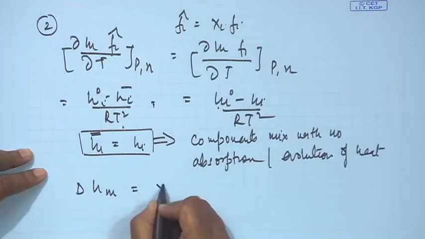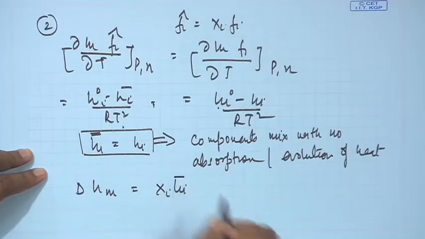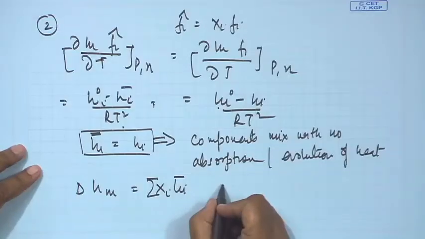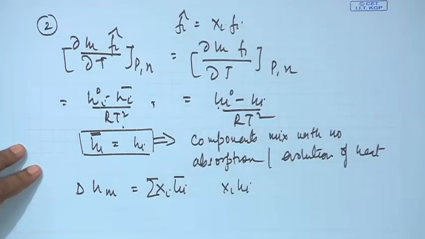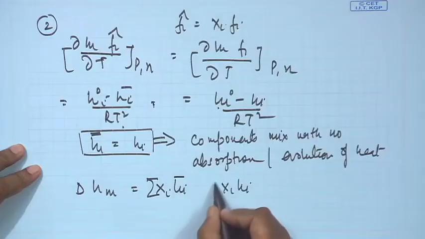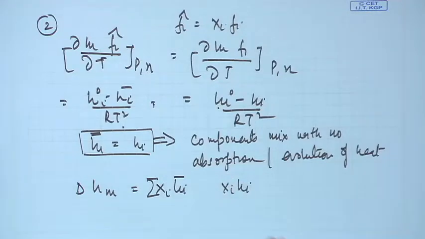So, if this is correct, then what about the molar enthalpy of mixing? What is the molar enthalpy of mixing? The molar enthalpy of the components after mixing minus the molar enthalpy of the components before mixing. After mixing, the molar enthalpy of the components is sigma Xi Hi bar. And what was the total enthalpy of the components when they were kept separate? That was Xi Hi, for 1 mole of the mixture, when the components were kept separately.